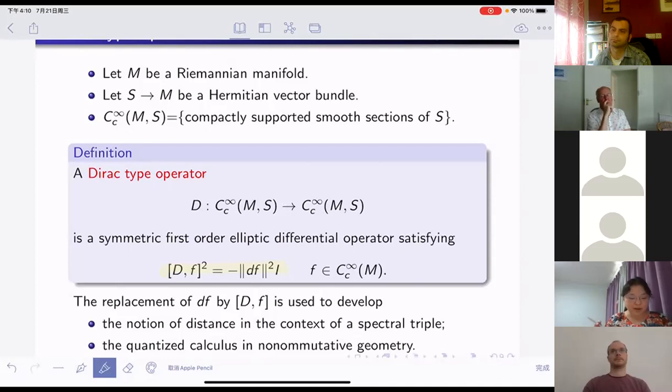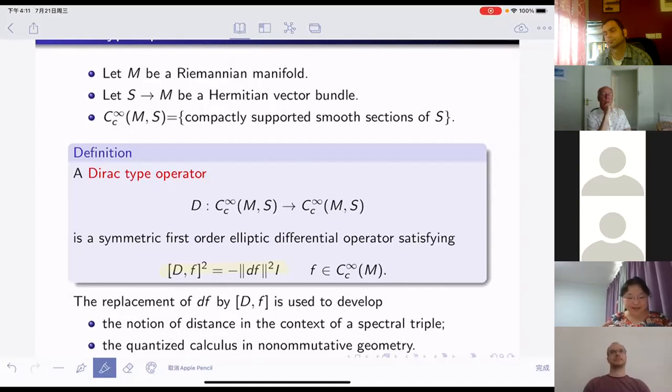And one can also see this notation, the commutator [D, f], in the quantized calculus in non-commutative geometry. So in that quantized calculus, all the differentials are replaced by this commutator, and the integration is replaced by the Dixmier trace. So I used this non-technical definition to show you this is the Dirac type operator.